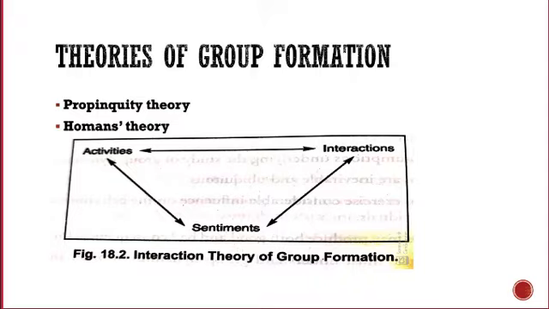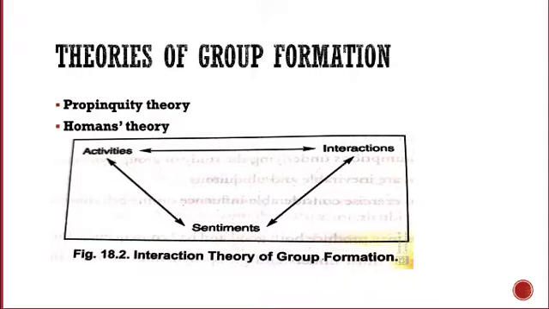So the first theory was that people form groups because of nearness to one another. The second theory is that people form groups because the more they interact with each other, the more likely they are to form a group, right? You might have experienced this in your schools as well. I'm giving examples of schools because, due to COVID, you are not having physical classes, so you can't experience the same thing in college for the time being.